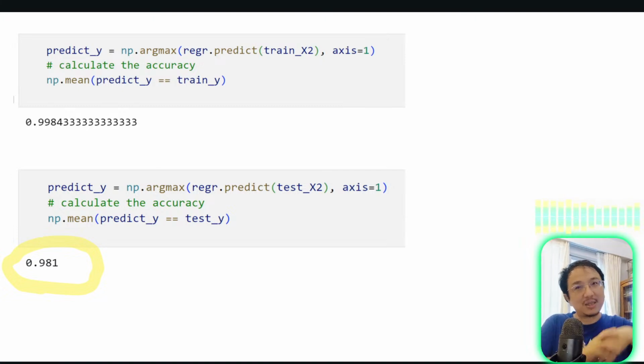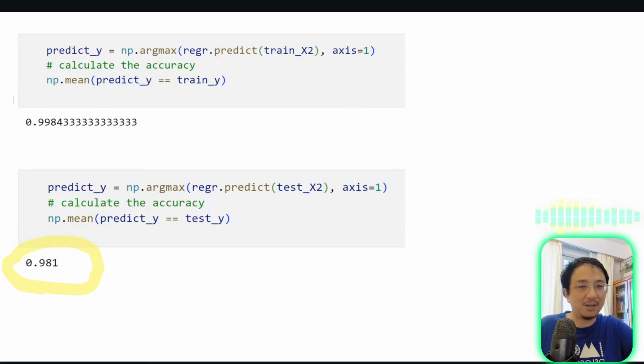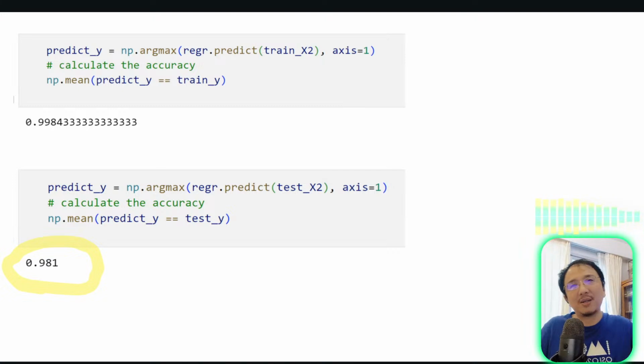So let's explain a little bit why this works okay. I'm not saying this is perfect because you can get something like 99.9% if you use some SOTA method. But this is a relatively okay result and quite easy to run.